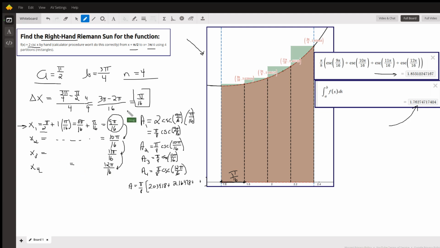And now you plug each of those values into the function. That's what's happening right here. So in red, this is the height of the first rectangle. And then I have to multiply that by pi over 16. So this distance right here is 2 cosecant of 9 pi over 16.